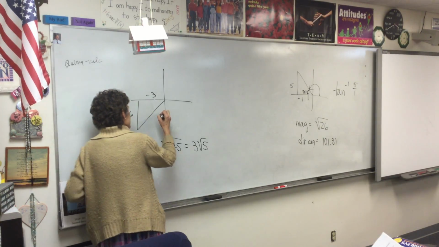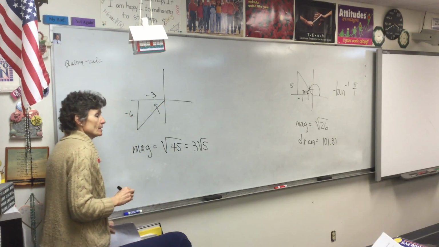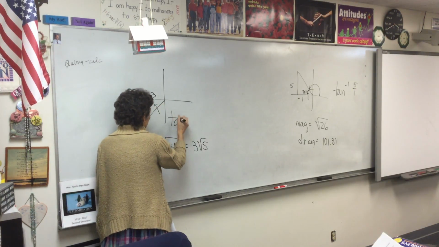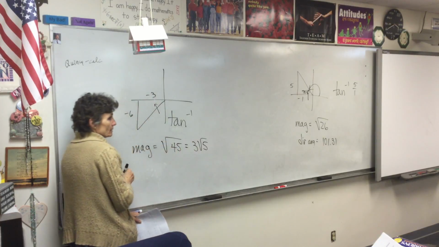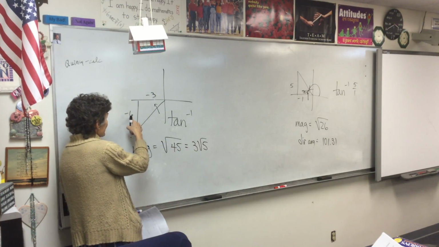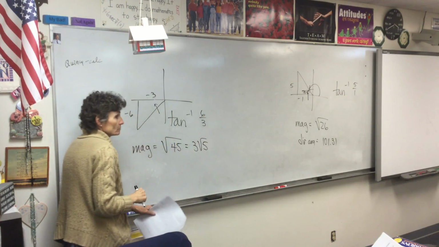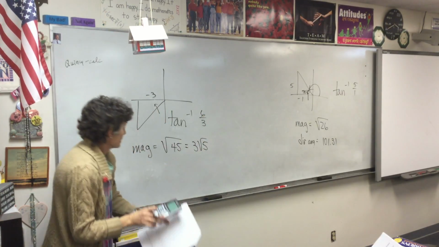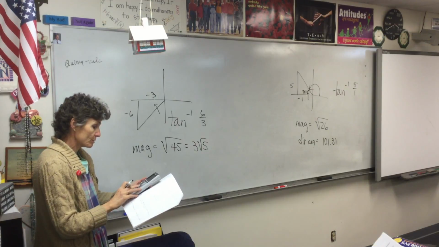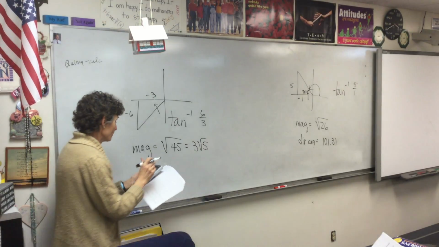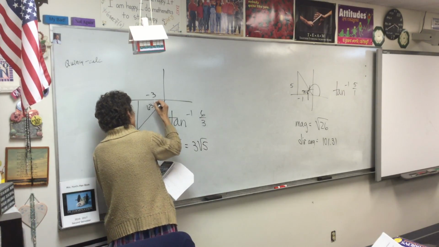Now, let's find this angle right here. I'm going to use my special tangent button. The tangent is 6/3, or 2. So the angle whose tangent is 2 is 63.43.